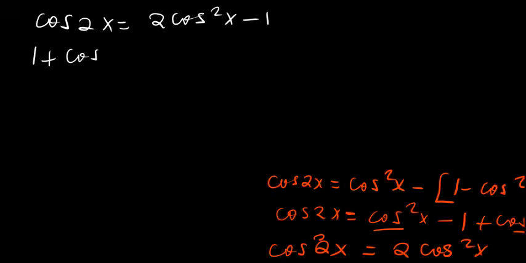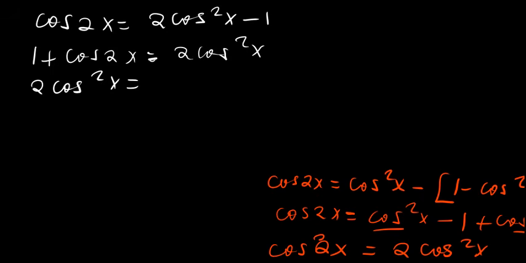It will be 1 plus cos 2x is equal to 2 cos squared x. Allow me to start writing this to the left side, and the other one to the other side. But nothing is going to change. I've just started writing 2 cos squared x.